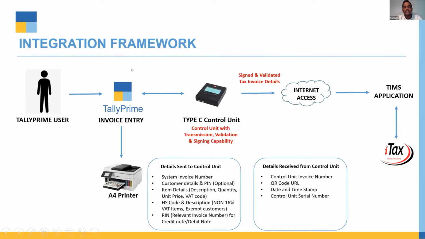Okay, this is the integration framework. I would like to explain how exactly this integration will work. You can see here, the Tally Prime user will access Tally and make an invoice. When they save the invoice, there will be a control unit connected to your network.